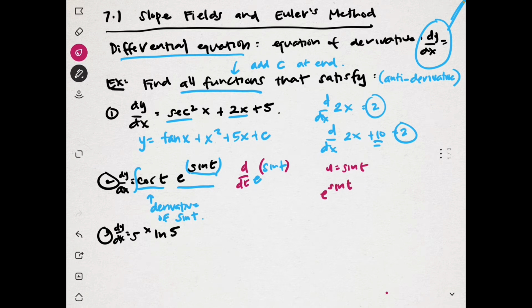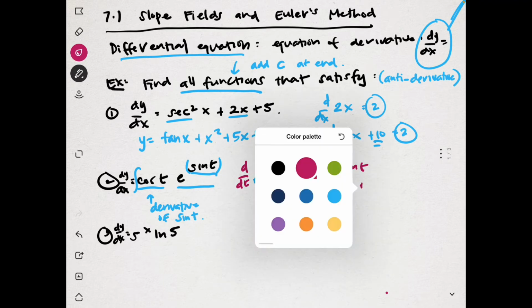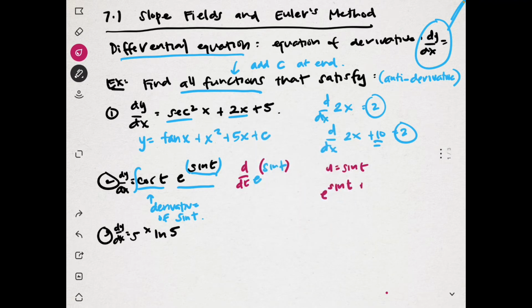The inside stays the same, but we have to find the derivative of u with respect to t. And the derivative of u with respect to t, right, this is the chain, is going to be cosine t. So if you work backwards here, the whole derivative of this thing is going to be equal to cosine t e to the sine t.